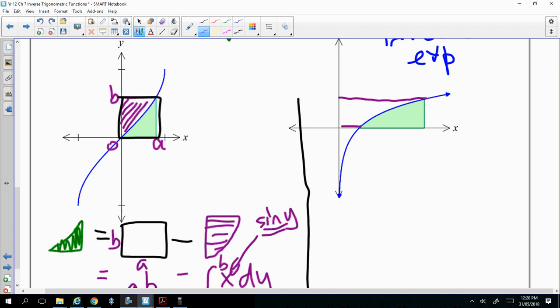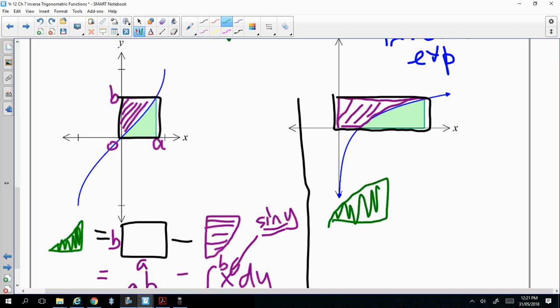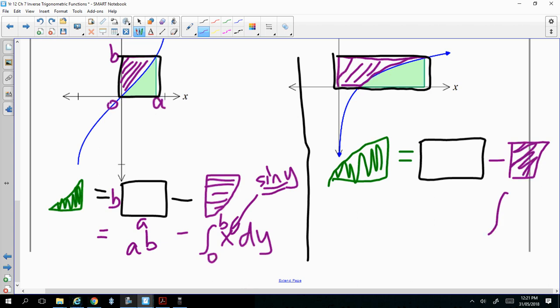So you get the green bit equals the box minus this bit, which is bounded by the y-axis. So that's x dy. So you don't have to integrate the log, it becomes e to the power y dy. Okay? So similar ideas.